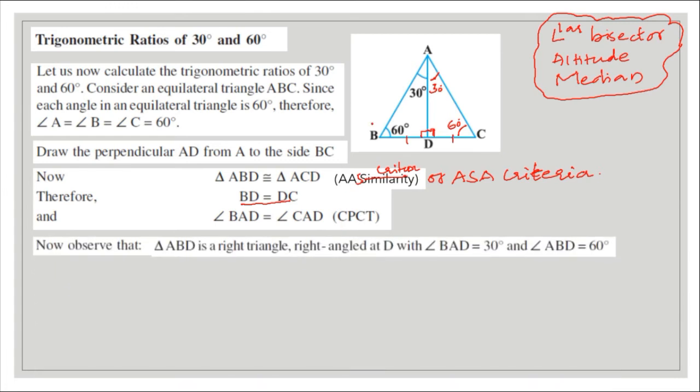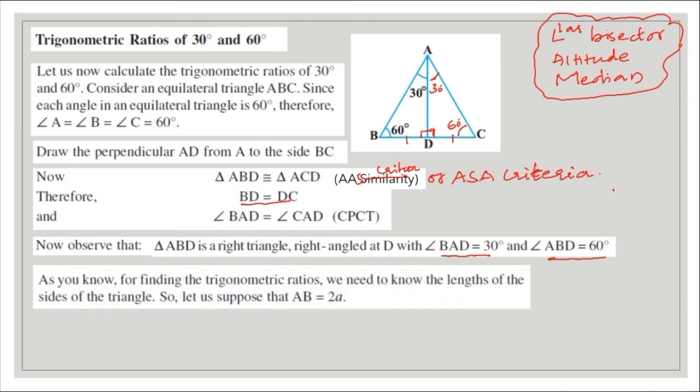Now observe that in the right angle triangle, angle BAD is 30 degree, angle ABD is 60 degree. As you know, for finding the trigonometric ratios, we need to know the lengths of the sides of the triangle. Let us suppose that AB is, say, 2A units. If AB is 2A units, AC will be 2A units, BD becomes A units, and DC becomes A units.